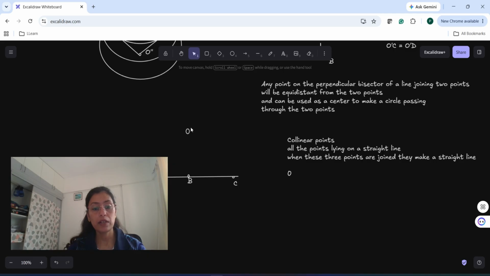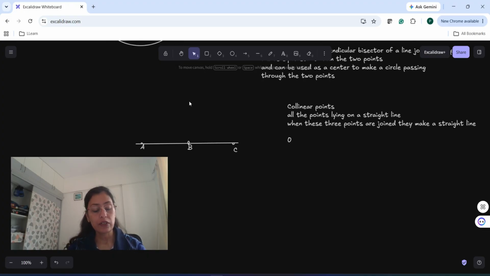That is the reason you cannot make a circle which has all these 3 points lying on it.